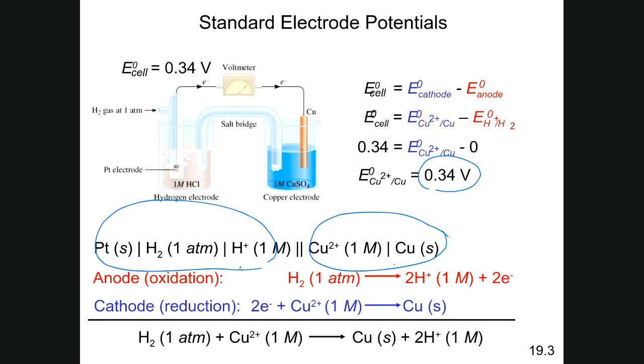So copper is compared to hydrogen as a reference, being 0 here. Then we find the reduction of the copper to be 0.34, to be measured as 0.34. So hydrogen is losing electrons to copper to be reduced.